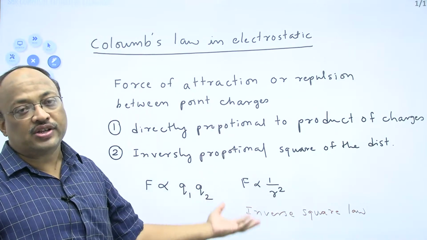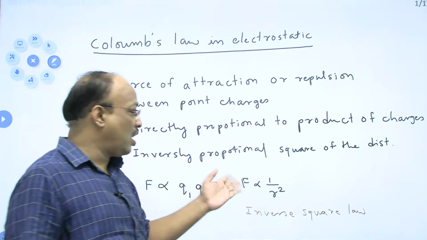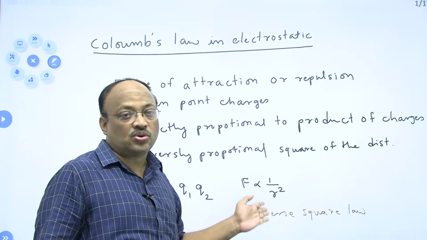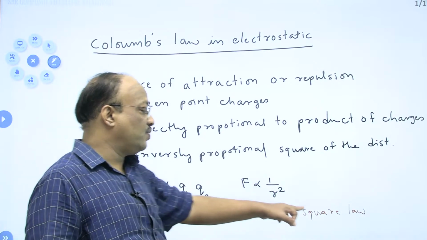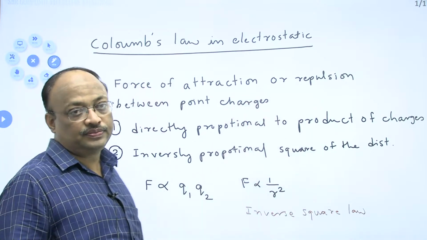Our gravitational law is an inverse square law, and Coulomb's law is also an inverse square law.